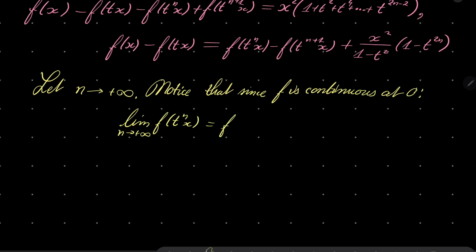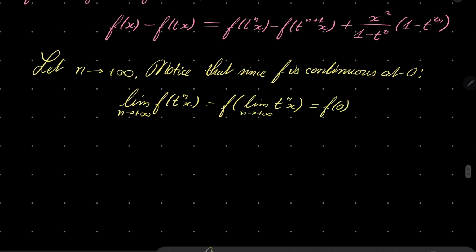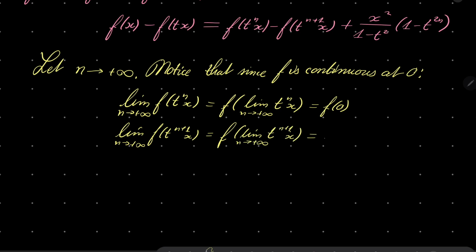We can put our limit inside and we'll have just f of 0 for any x whatsoever. Likewise, the limit of f of t to the n plus 1 x, we also can take our limit inside because our arguments tend closer and closer to 0, and it is also f of 0.